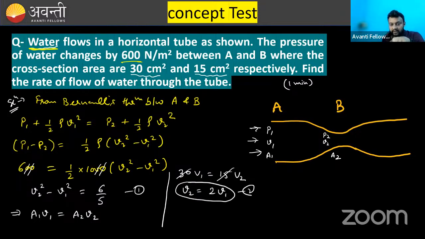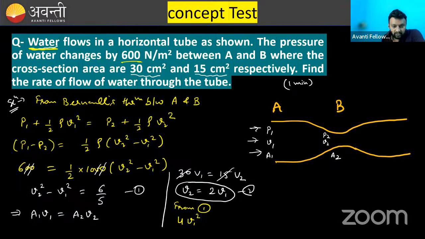So if I put the value of V2 in equation number 1, I will get V1. From equation number 1, if I put V2 as 2V1, it will become 2V1 square, that is 4V1 square.